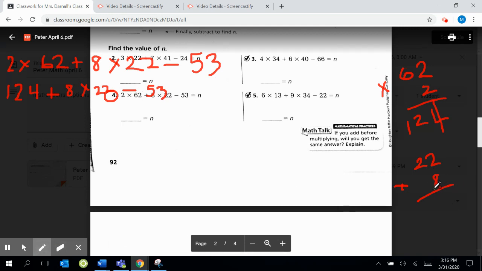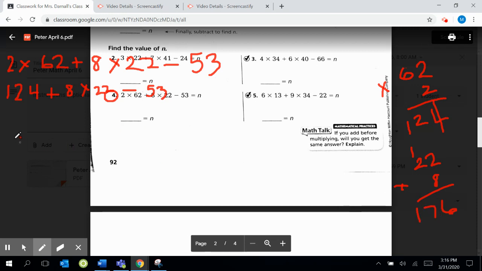I think I was thinking 4 times 2 was 8. Okay, 8 times 2 is 16. Carry the 1. 8 times 2 is 16, and one more is 17.